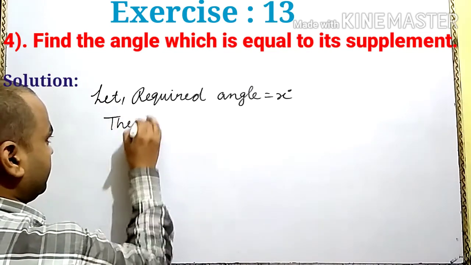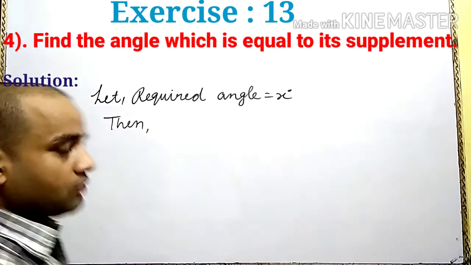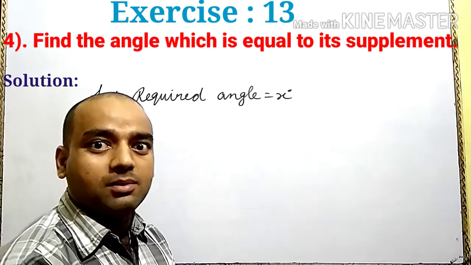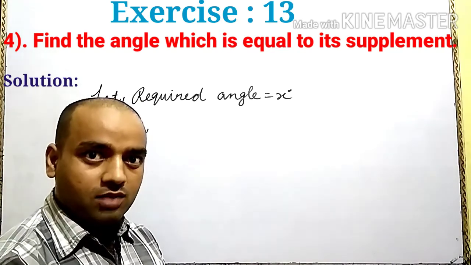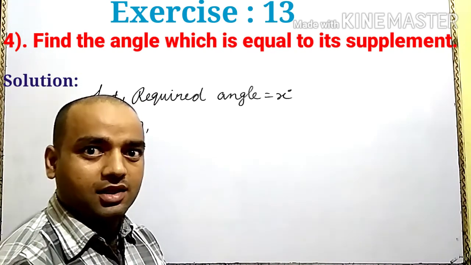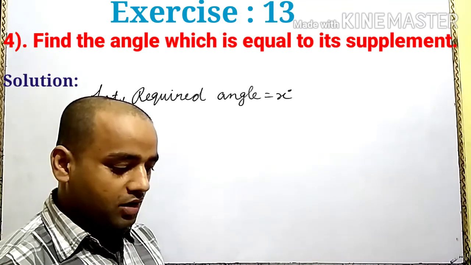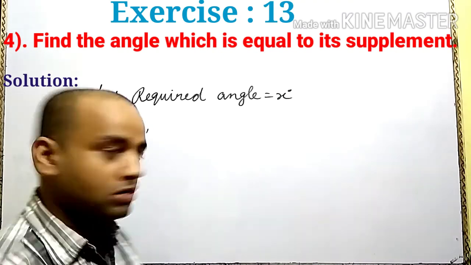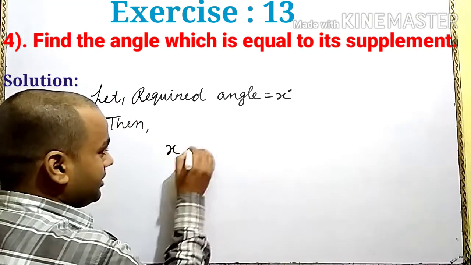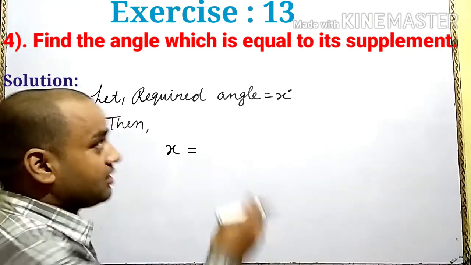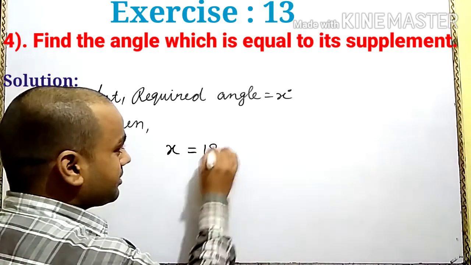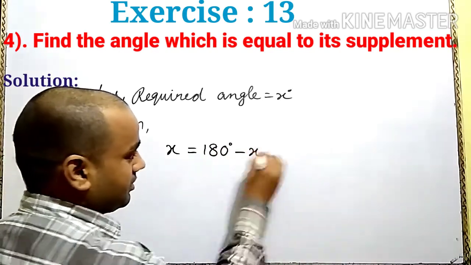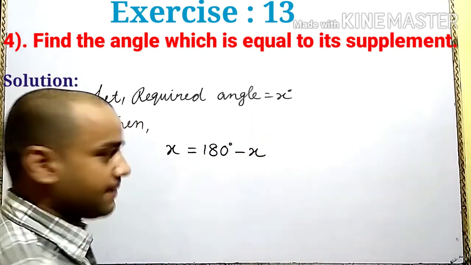Then two angles are supplement if the sum of their measures is 180 degree. According to the question, the angle x is equal to its supplement. The supplement we write as 180 minus x. Is it clear?